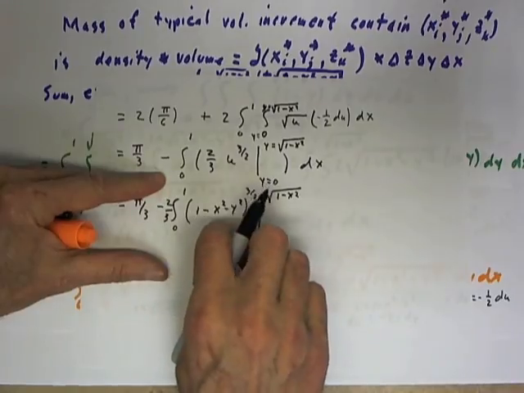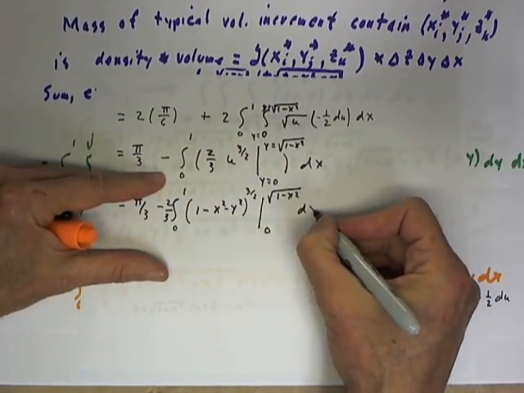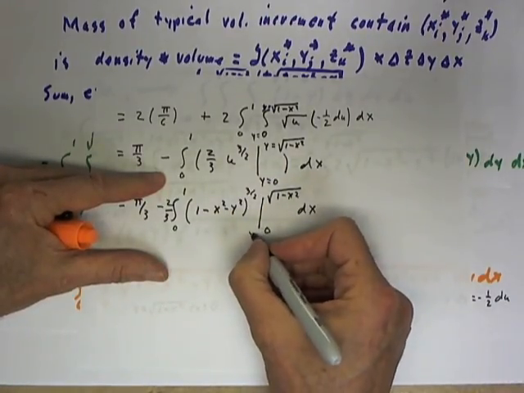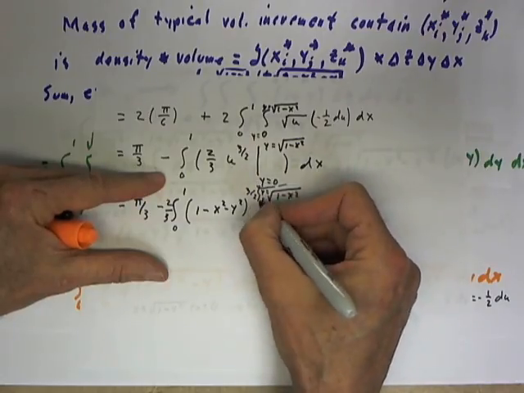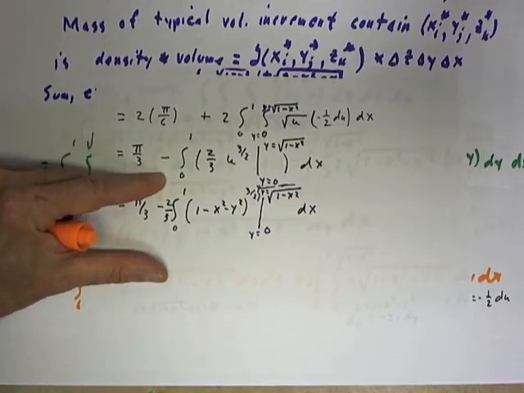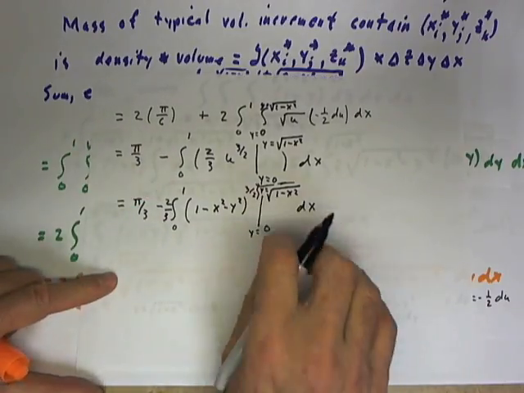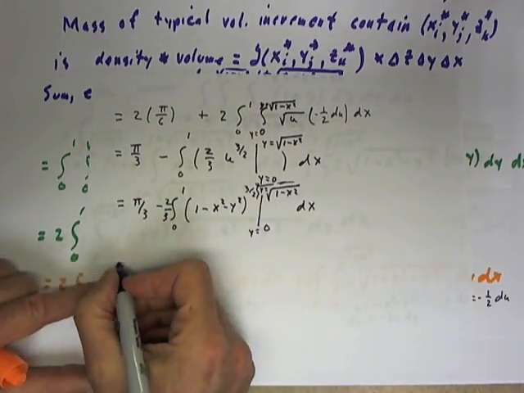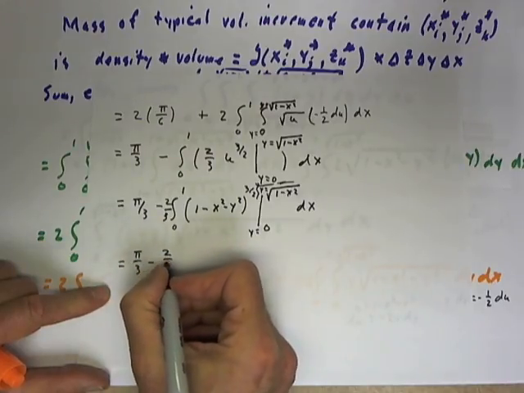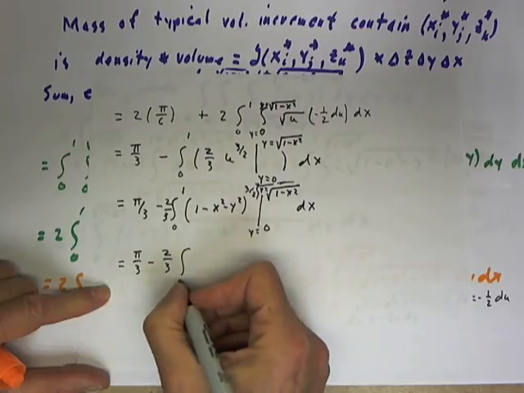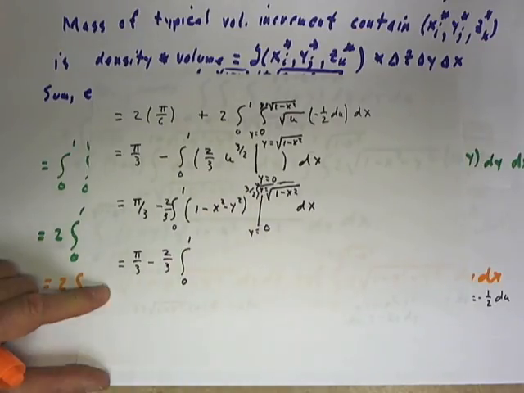Now that we've substituted back, actually it wouldn't hurt to say this is between y equals this and y equals this. We can pretty much tell that from context, but it doesn't hurt to remind ourselves. Okay, so that gives us what? Pi over 3 minus 2/3 the integral from 0 to 1 of what?